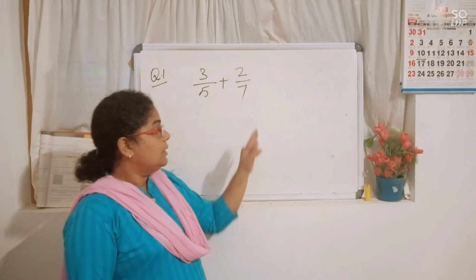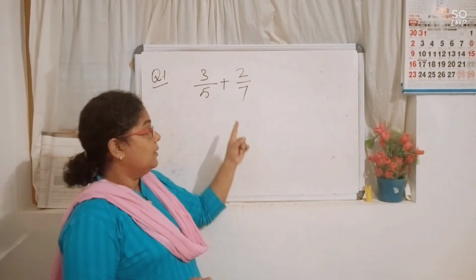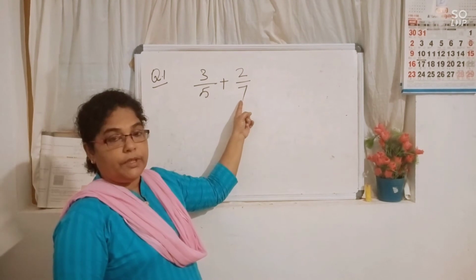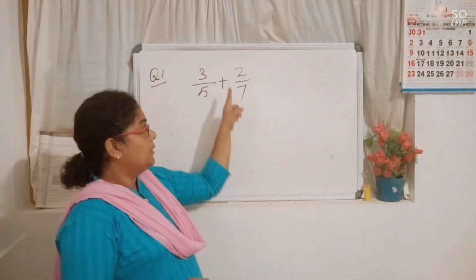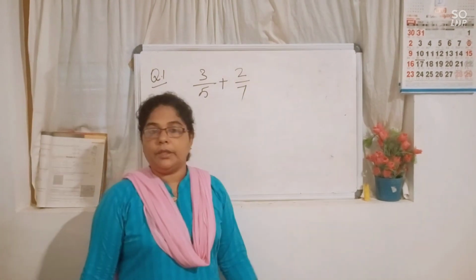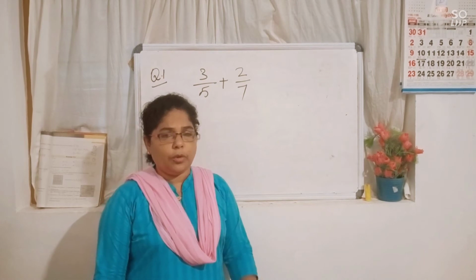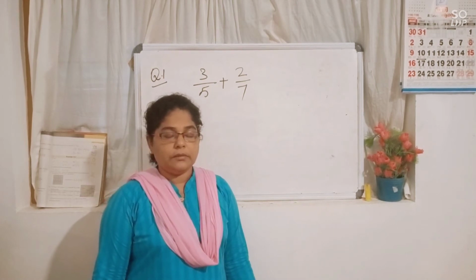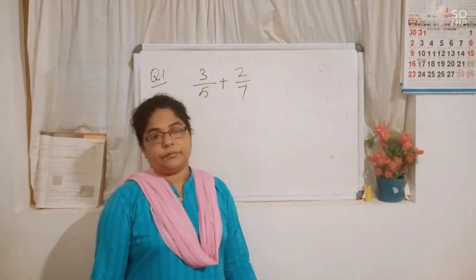Okay. Second one, that same type of second chocolate, divided into how many pieces? 7 pieces. Out of that 7, the second person is getting how many? 2 pieces. So definitely, who is getting more part here? You can guess. A or B?